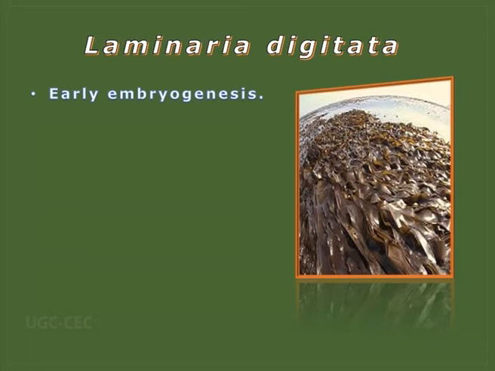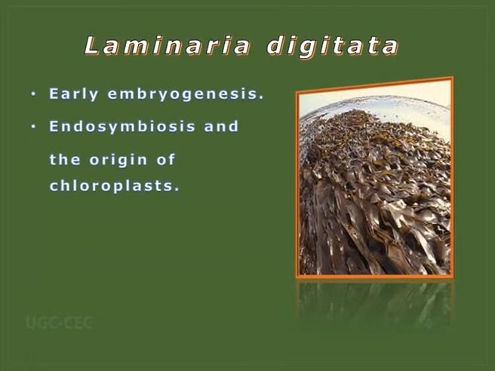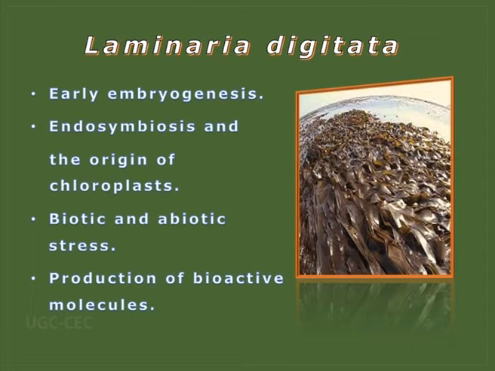Its early embryogenesis, its endosymbiosis and the origin of chloroplasts were first studied in Laminaria digitata. Its biotic and abiotic stress studies are also done using this organism. It is also important in the production of various bioactive compounds.